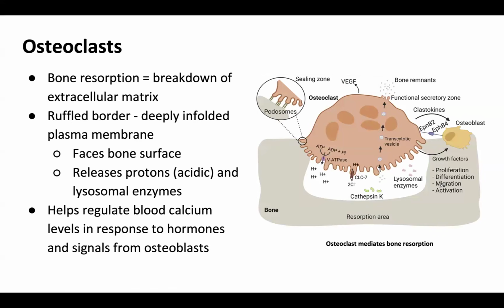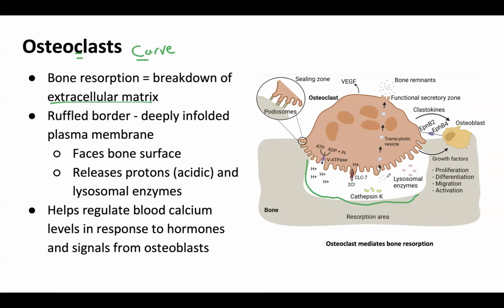Last but not least, there are osteoclasts, which are the cells active in bone resorption or breakdown of that extracellular matrix. Now, I remember osteoclasts have a C, and you can think of them carving bone away. So carve has a C, and so that's going to kind of carve out the bone and resorb.